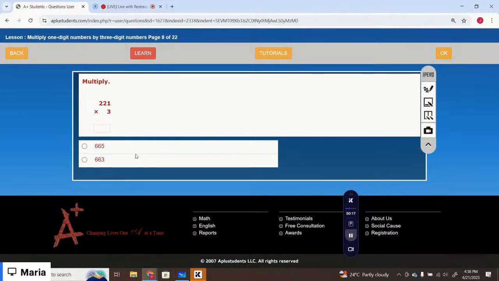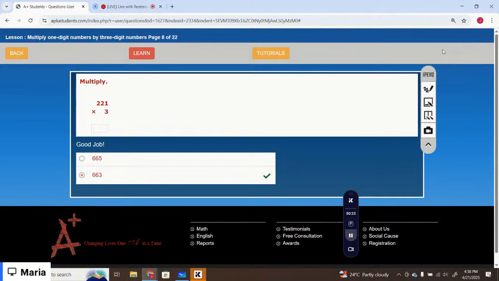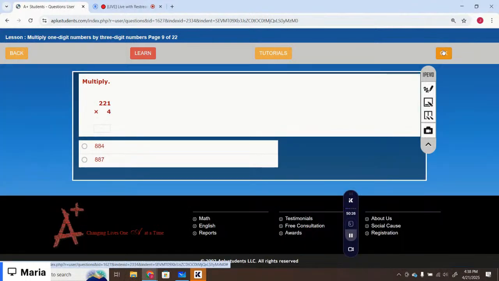That is 663. Option number two is the correct option. Very good. 221 times 4. That is 884. Option number one is the correct option.